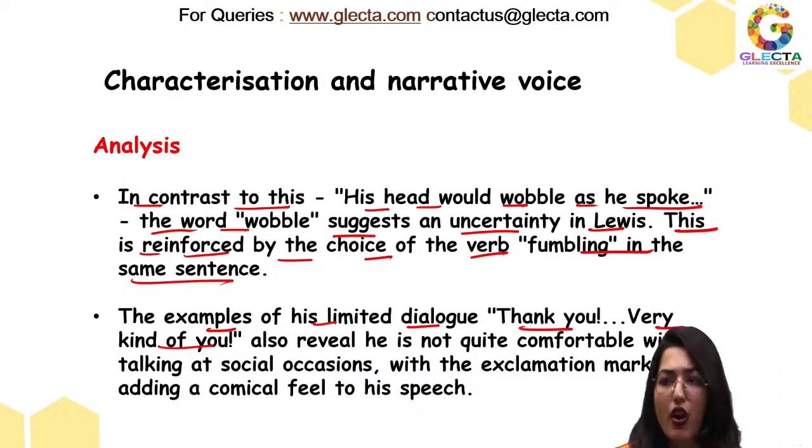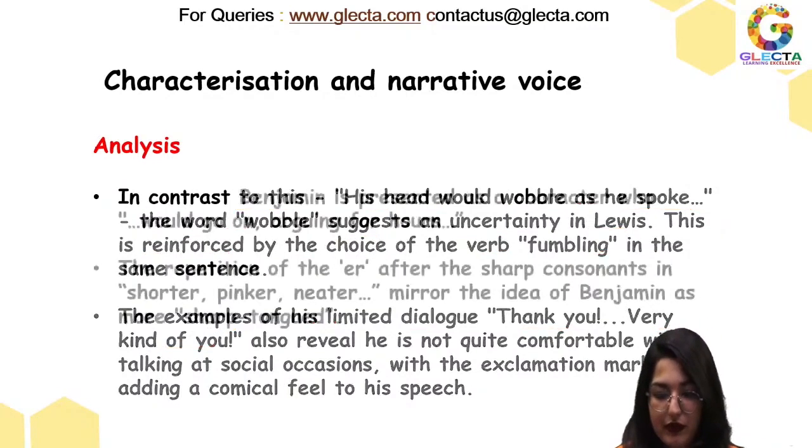These literary devices and punctuation marks all show multiple things about the characters. You have to catch all these things while writing your answers, and point them out in your answer in order to attain good marks.